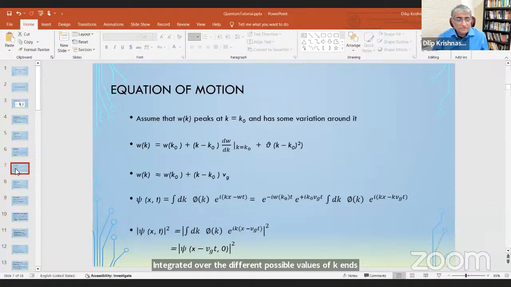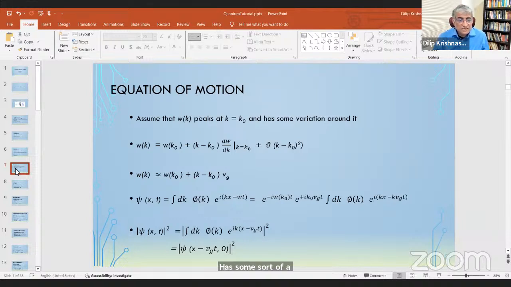It's possible that this function peaks out. It is not a point function, but has some sort of wavy behavior around some peak value of k.